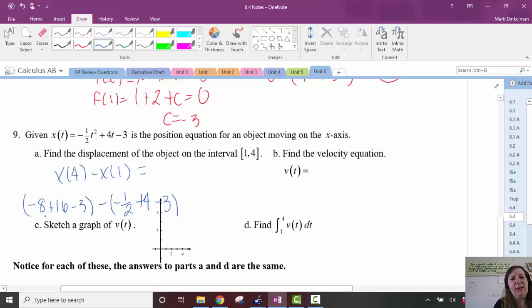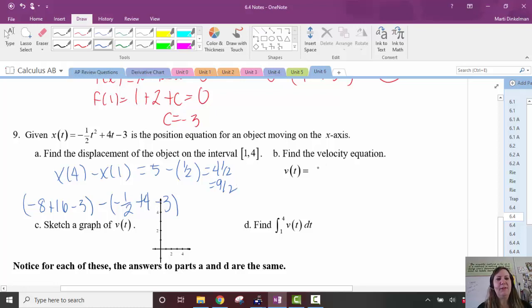And let's figure out what this equals. So in this first chunk, 8 minus 3 is 5. And in this one, we have 1 minus a half, which is a half. So I believe we're going to get 4.5, or 9/2 for that.